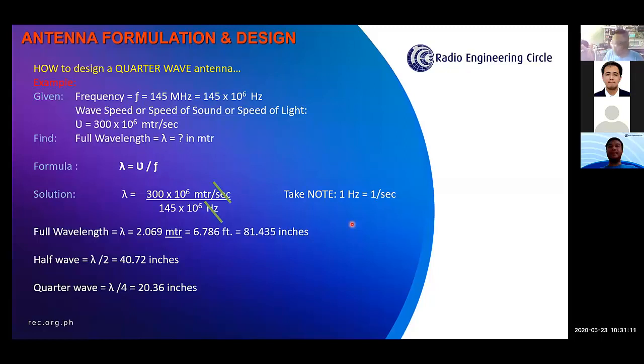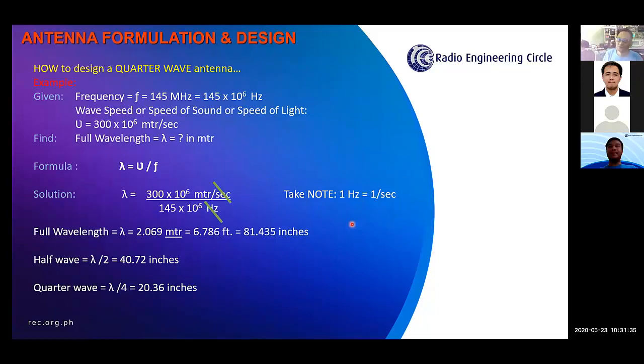Naririnig nyo sa Himpapawid, 19 inches, quarter wave ng VHF. Pagka chinek mo SWR, ang taas. So, magiging effect, sisirain ang radyo mo pagka mataas ang SWR ng antena.